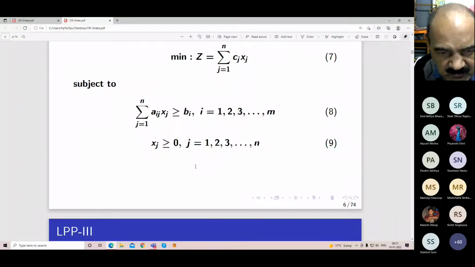Sometimes we say the system is consistent, sometimes we say the system is inconsistent. If the system is consistent, it has a solution. This solution may be unique or infinite. If the system is inconsistent, then there is no solution.